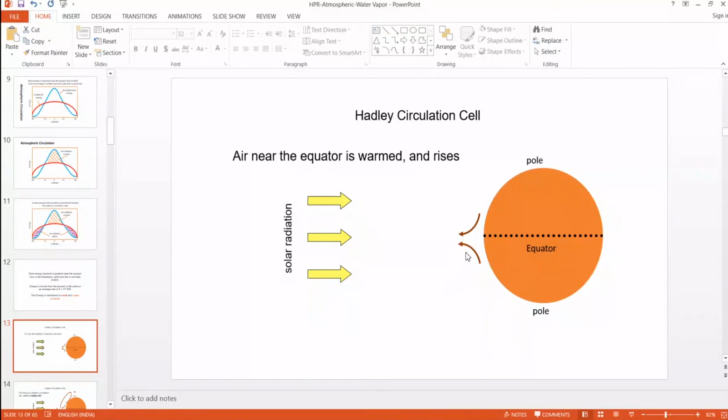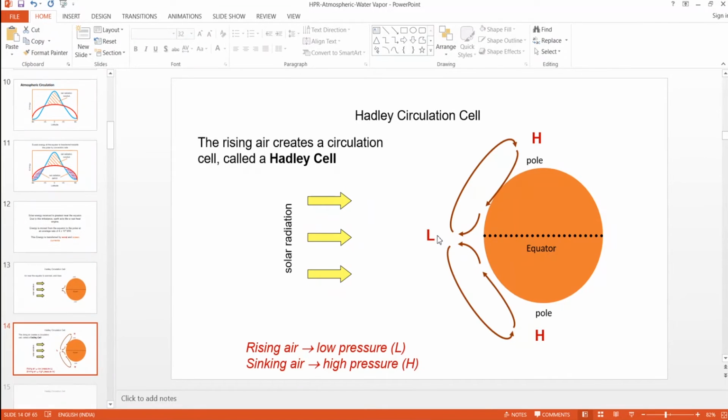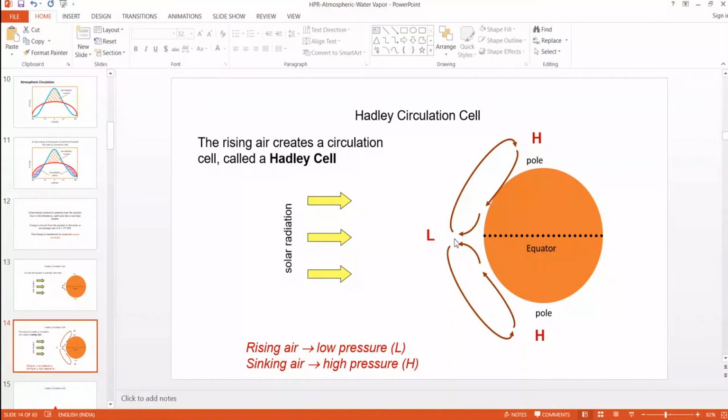See, since the solar radiation is high at the equator, the air near the equator heats up, and then it moves high. So what happens?